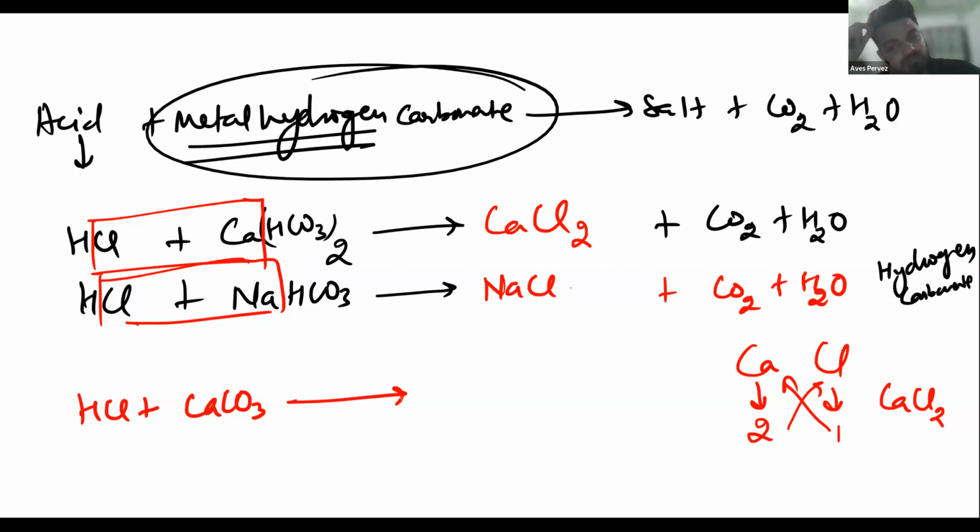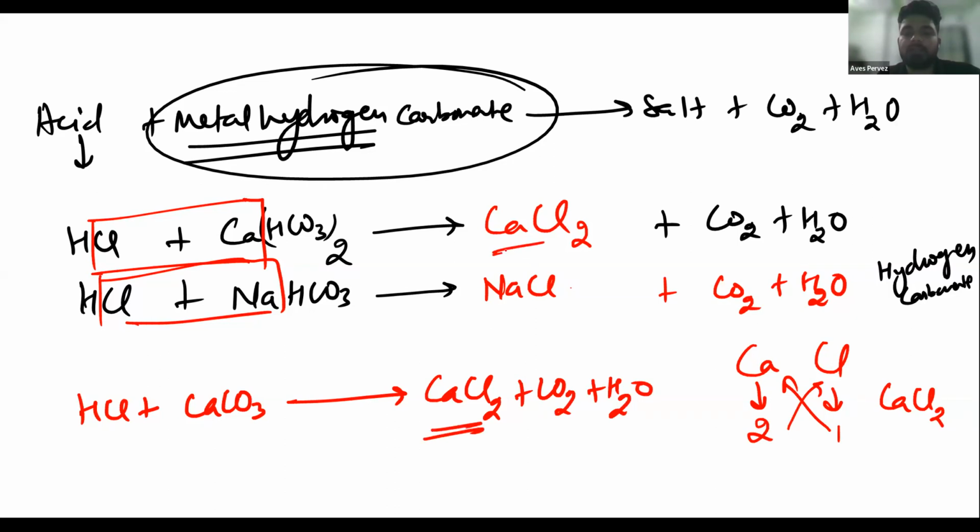Tell me. CaCl2. Yes, this will be CaCl2 plus carbon dioxide plus water. The same product will be obtained, whether it is carbonate or hydrogen carbonate. The difference is only in balancing. We have to write 2 here. Now it is balanced. Got it?